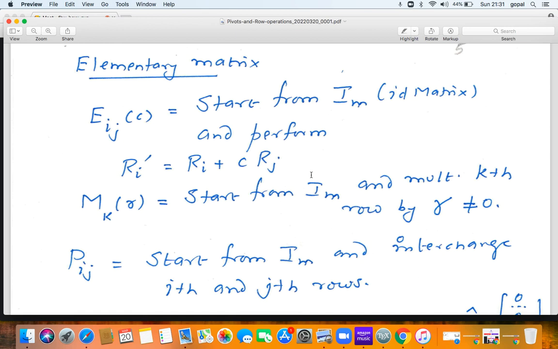Write down E_23(c), E_32(c), etc. Write down M_k(gamma) for various values of k. Write down P_12, P_43, etc. Write down these things explicitly so that you get an idea as to what elementary matrices are.